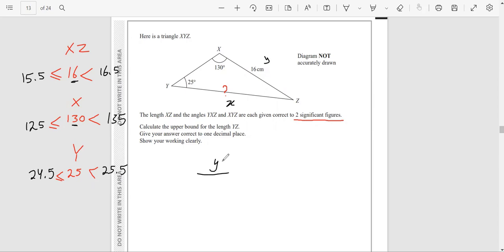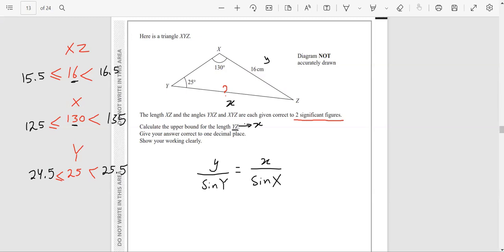So it's Y over sine Y is equal to X lowercase over sine X. If we want to get YZ, we need to get X lowercase.